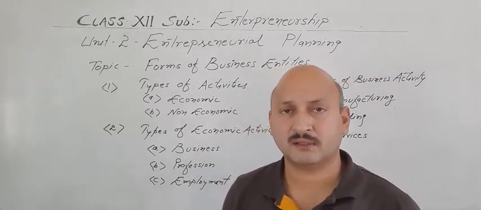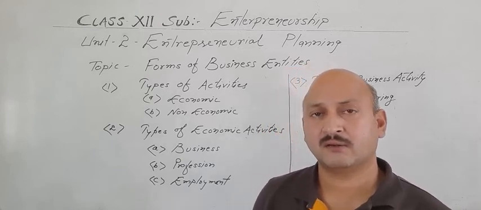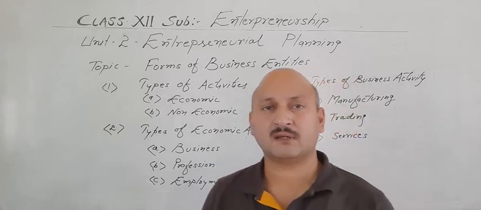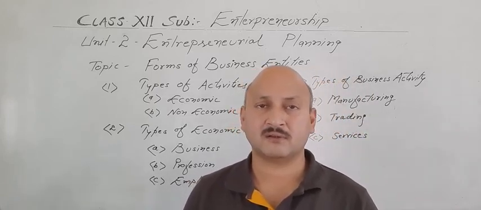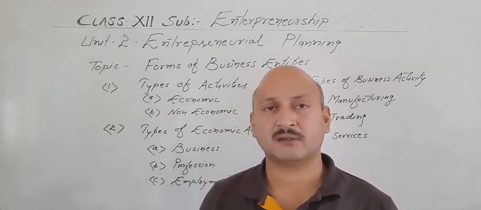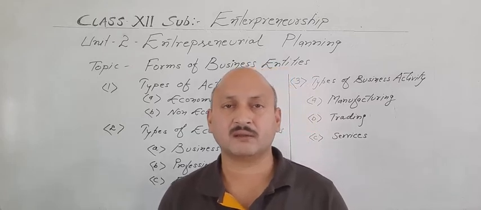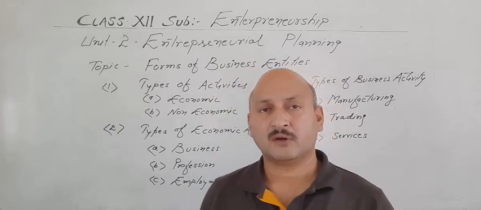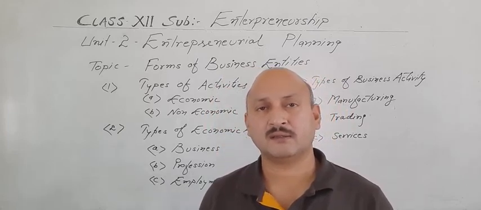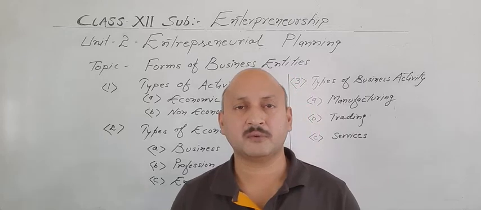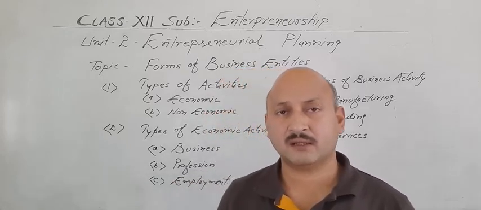Like selling vegetables is an economic activity, or selling goods from a grocery store is an economic activity. Doing services is also an economic activity. Services here means transportation, warehousing, banking, insurance. So there is a broad classification in this, that all those activities which generate some sort of income to us are known as economic activity.